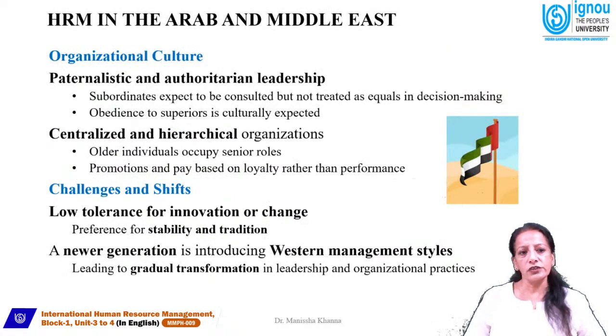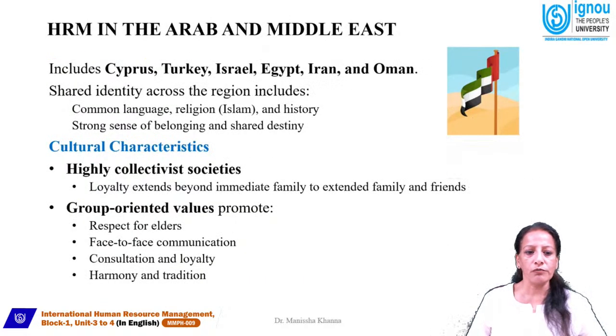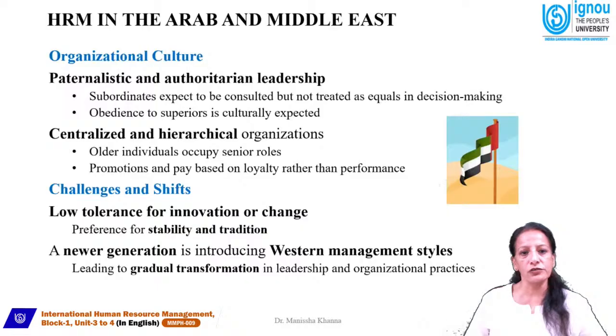So the organizational culture is mainly based on paternalistic and authoritarian leadership. The subordinates expect to be consulted but not treated as equals in decision making. Obedience to supervisors is culturally expected. Because they belong to group values, which insist on respect, it is seen at the workplace also.